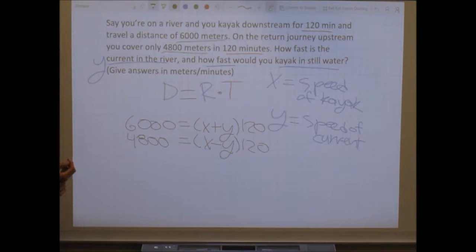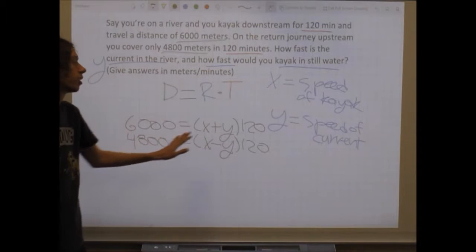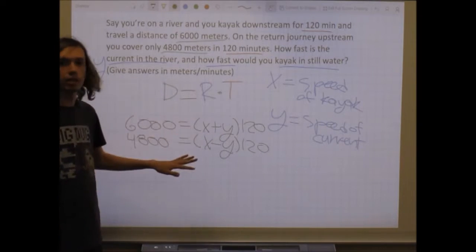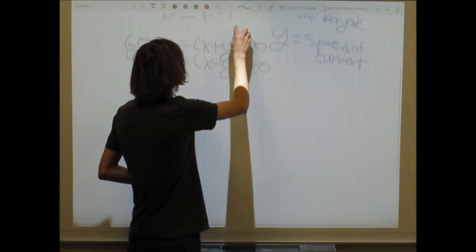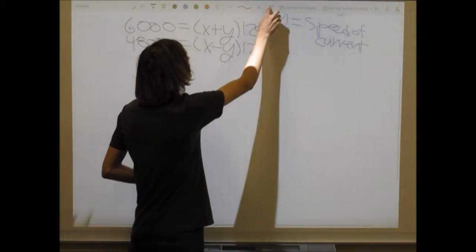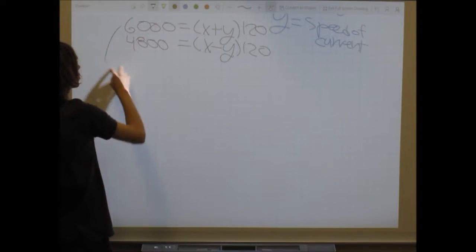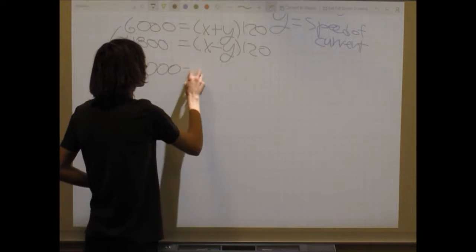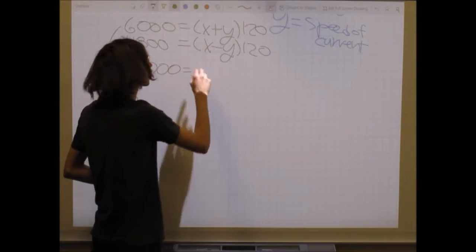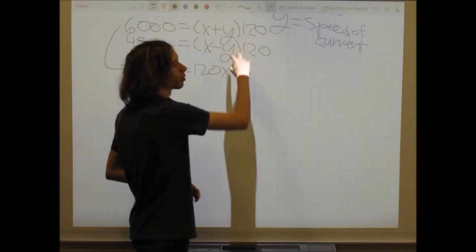Okay, so what can we do now? Well, let's distribute the 120 in both equations, and then we'll go on and solve the system from there, right? So let's just rewrite the first equation: 120 times x, and then plus 120 times y.